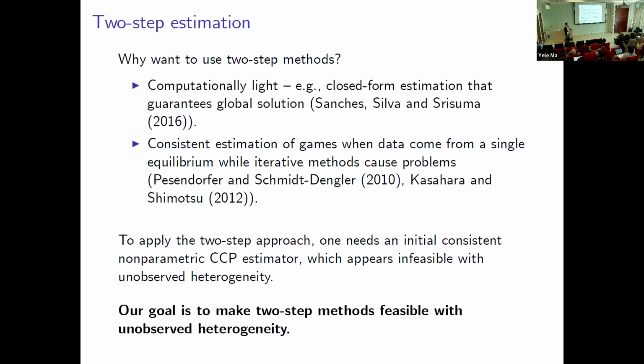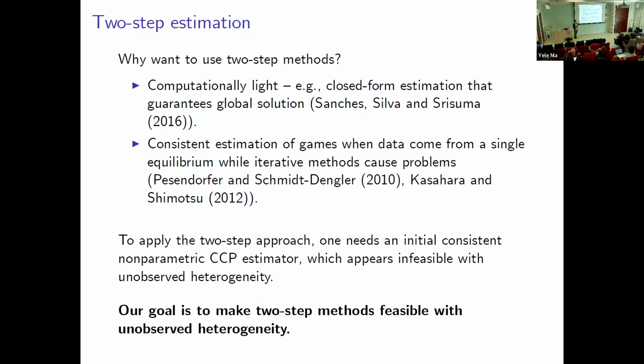The reason for caring to do this is that a two-step CCP estimator is generally computationally lighter. And potentially the lightest version that you can have is when you have a closed form solution, a closed form estimator for this, which is what we're going to show can be done.